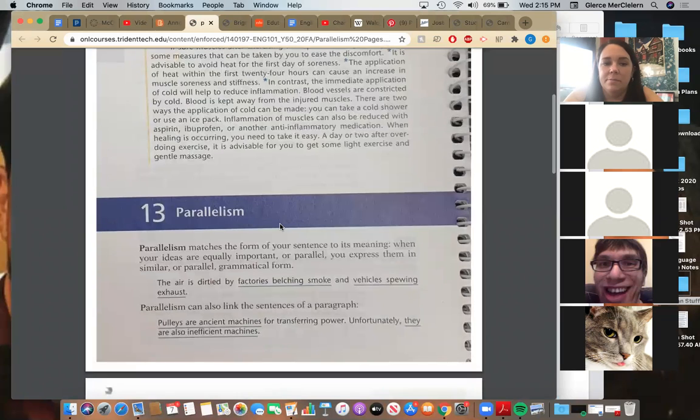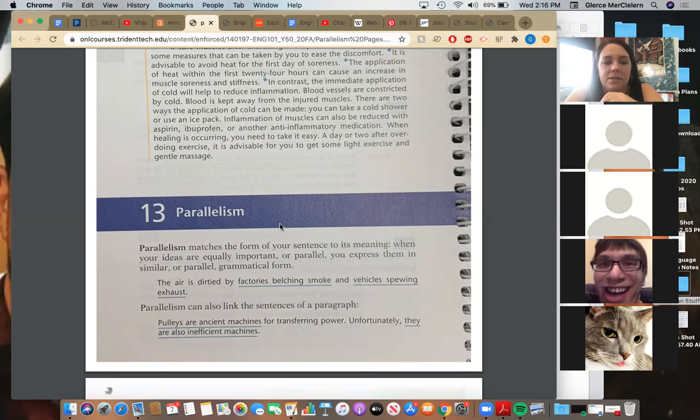And parallelism starts right here. Parallelism is really important because it comes up more often than you think, and it's like an easy thing to make your writing look dumb if you don't do it right.